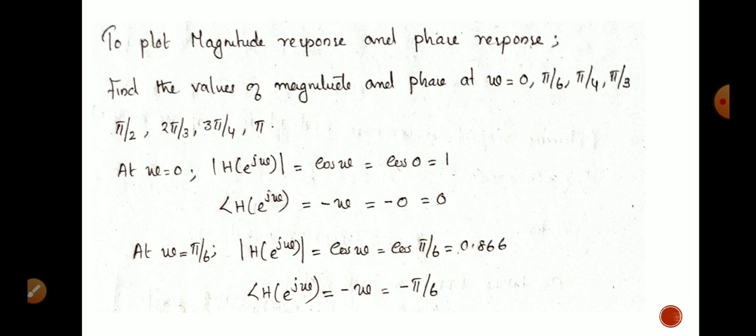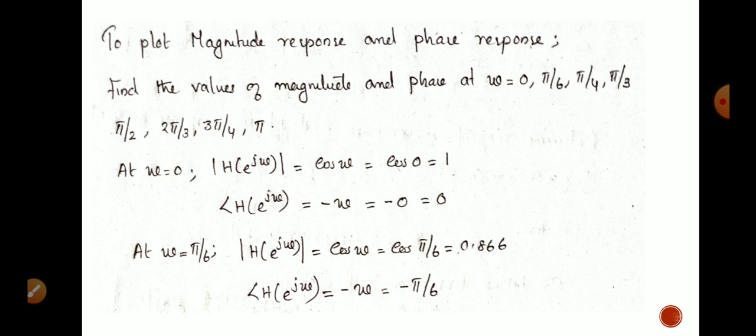At omega equal to 0, modulus of H of e raised to j omega equal to cos omega. Here we substitute omega as 0, then cos 0 becomes 1. Angle H of e raised to j omega equal to minus omega, so substituting omega as 0, angle equals 0.